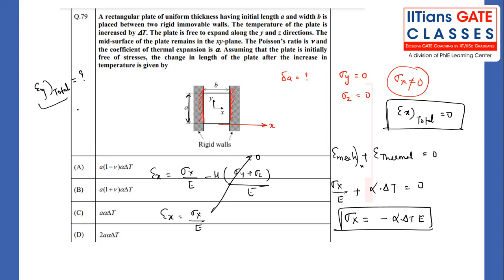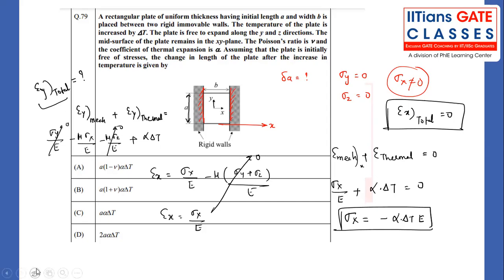In the Y direction, mechanical and thermal both are there. The mechanical epsilon y is sigma y divided by E minus mu into sigma x divided by E minus mu into sigma z upon E. Sigma y and sigma z are 0. Plus the thermal strain in the y direction, alpha into delta T.